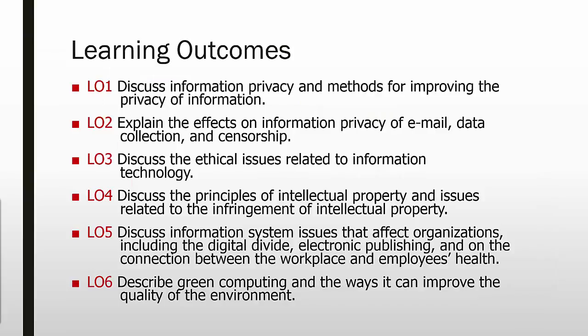The learning outcomes of this chapter include: discuss information privacy and methods for improving privacy of information; explain the effects on information privacy of email, data collection, and censorship; discuss the ethical issues related to information technology; discuss the principles of intellectual property and issues related to the infringement of intellectual property; discuss the information system issues that affect organizations, including things such as the digital divide, electronic publishing, and the connection between workplace and employees' health.